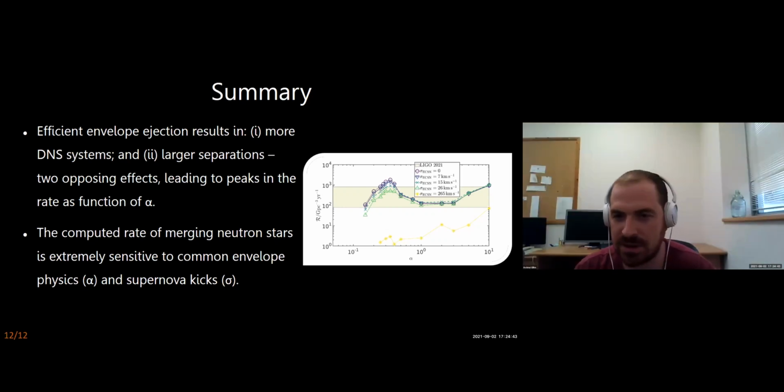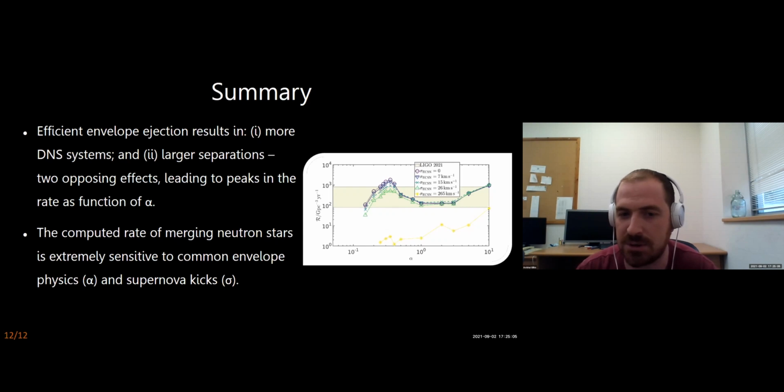Yeah, I think that one point which is interesting in what I showed is the high resolution of alpha at the lower values. In a recent paper by Santoliquido, from Mapelli's group, they also have some simulations with different alpha values.